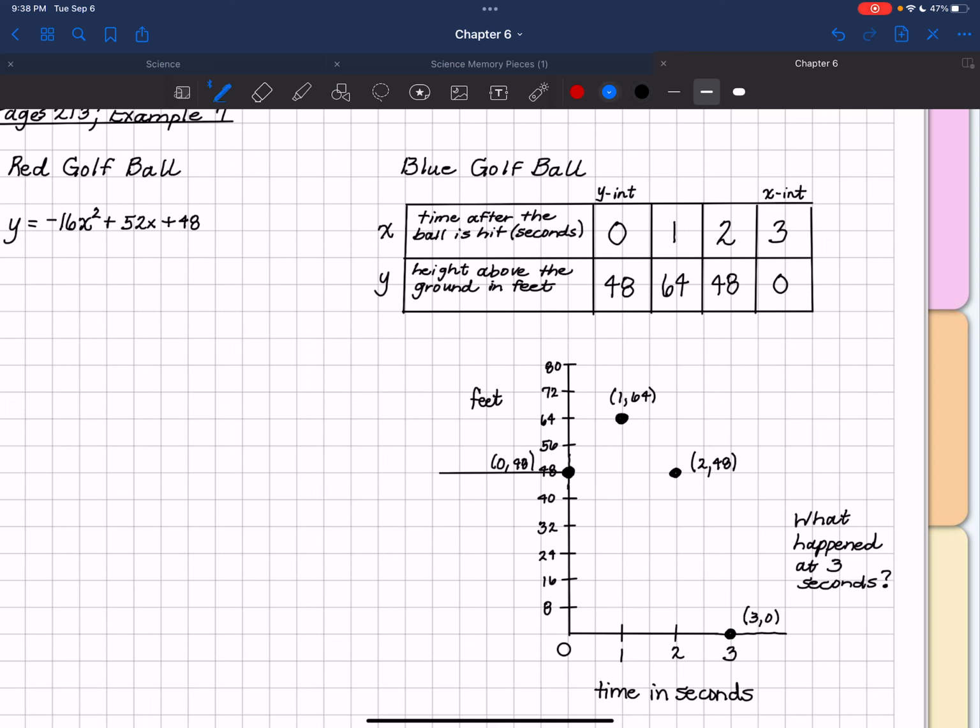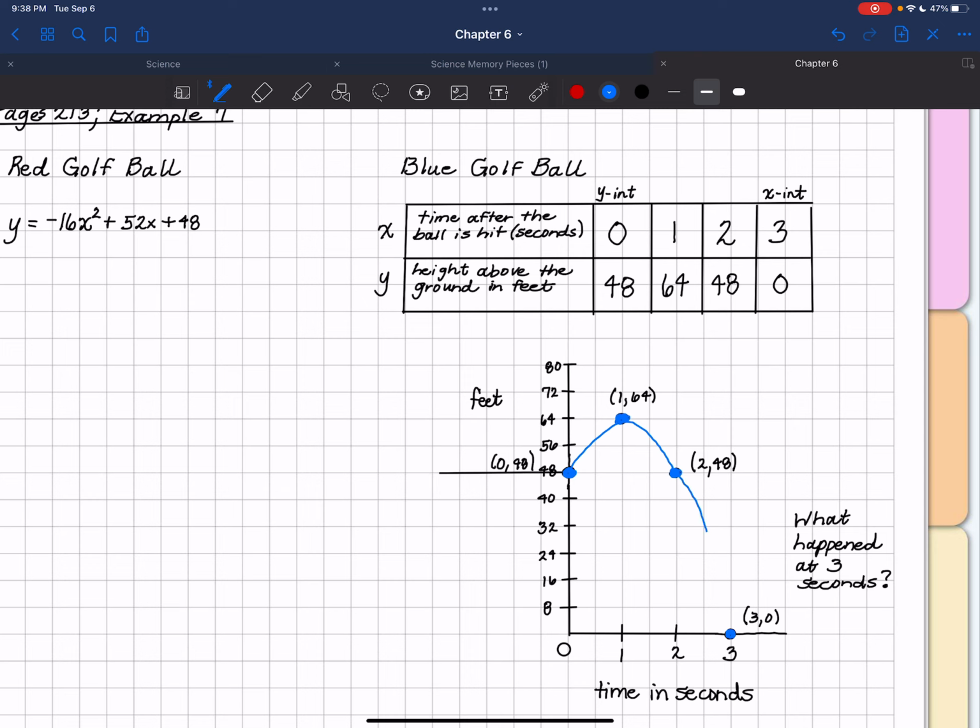If we start to watch the track of this golf ball through these points, you can see why it's not linear. It's not in a straight line. It's going to be hit into the air up to 64 feet, and then gravity starts pulling, and it turns and it makes the descent.